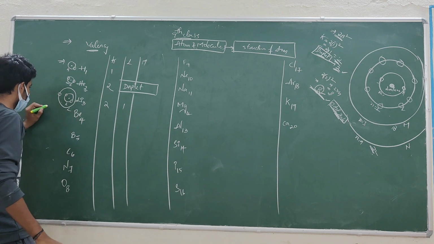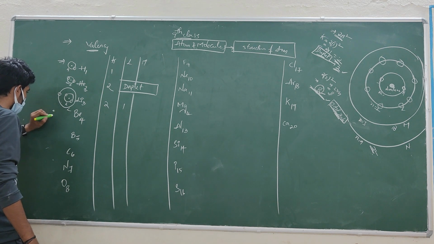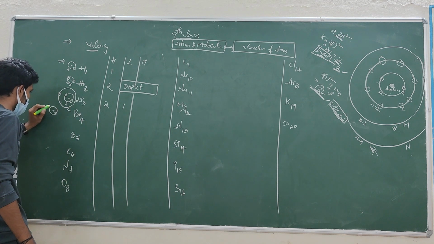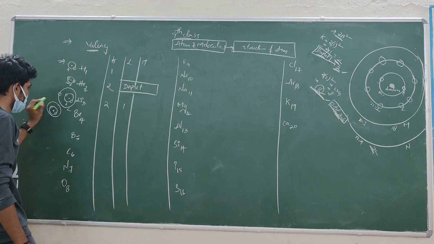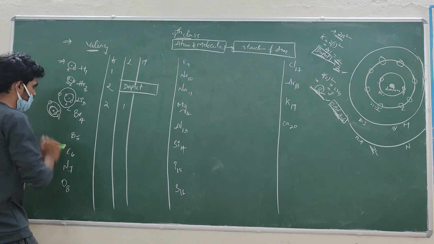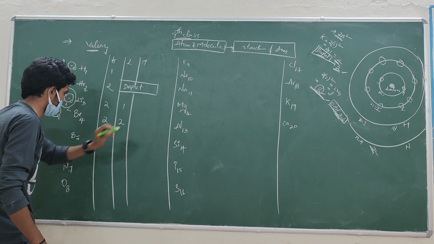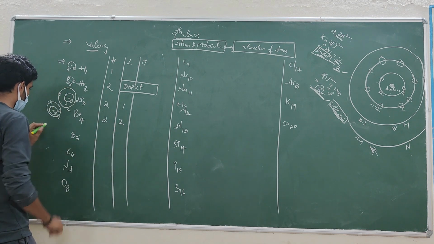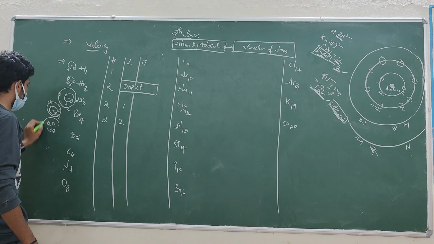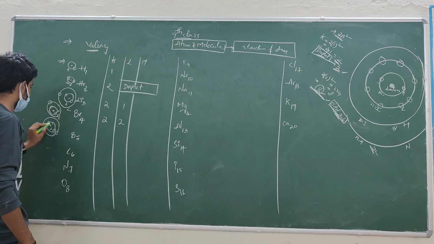Coming to beryllium, we have a nucleus here. How many electrons does it have? 4. So 1 and 2 in the K shell, and 2 electrons get filled in the L shell. So for beryllium we'll simply write 2, 2. Next, boron: first 2 electrons in the K shell, and the next 3 electrons in the L shell.